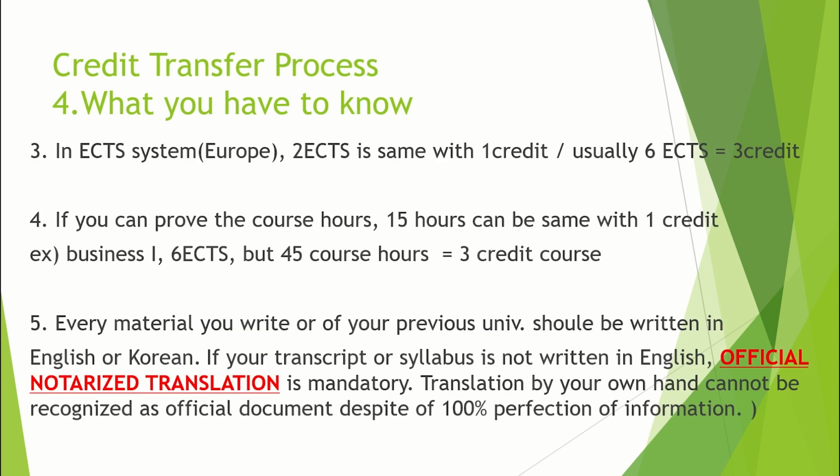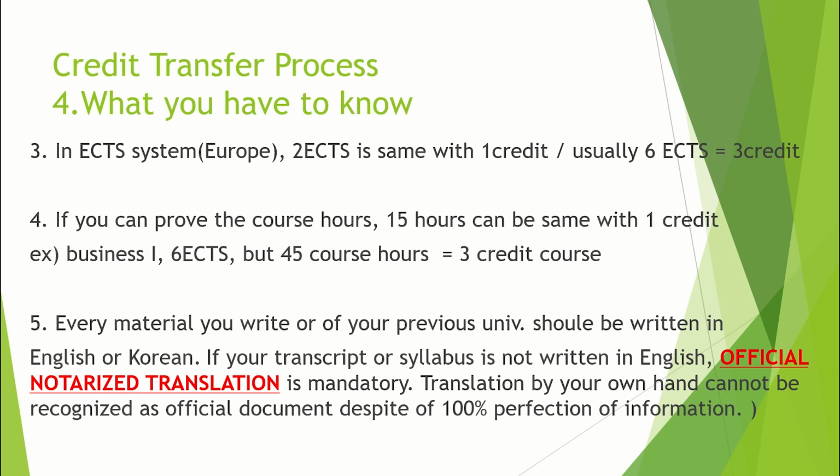As I mentioned before, if you are from Europe, 2 ECTS is the same as 1 credit. So in order to get 3 credit courses, your previous courses need to be more than 6 ECTS.